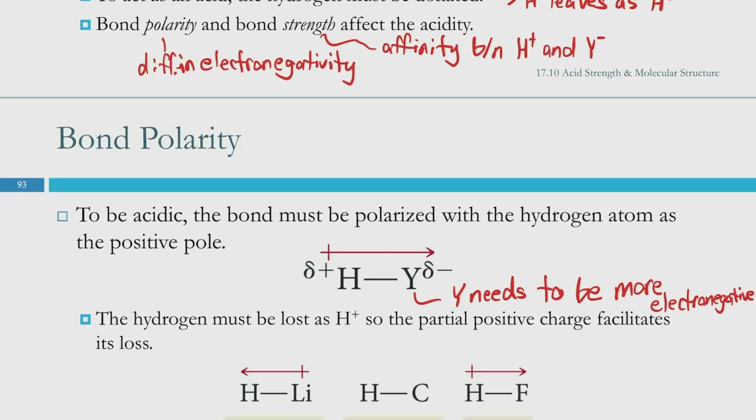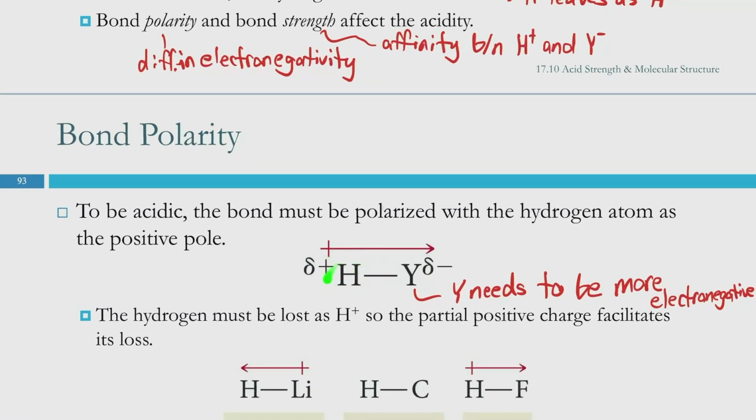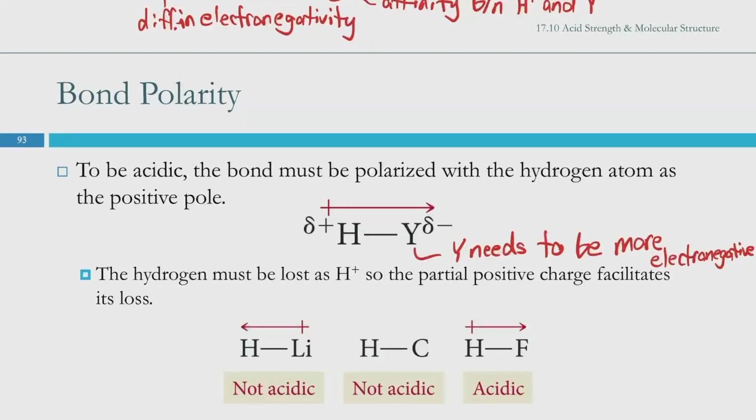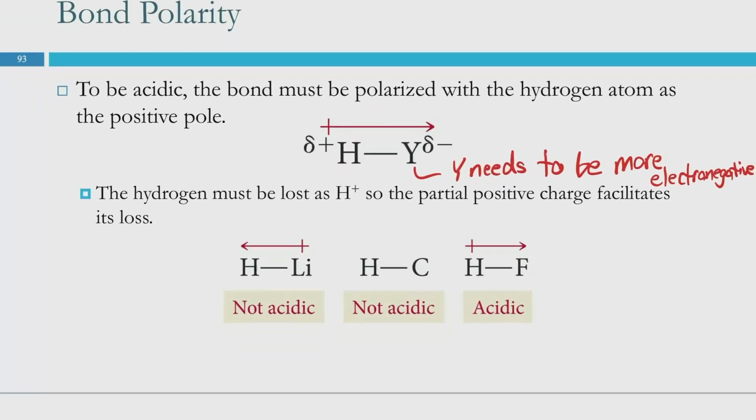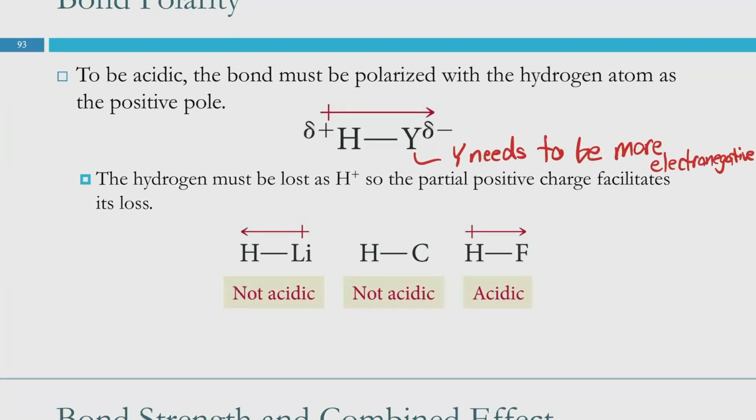The electronegativity value for hydrogen, I think, is 2.1. So anything that's got an electronegativity value above 2.1 should pass this bond polarity check. So if we look at things that hydrogen can bond to, hydrogen could bond to lithium.